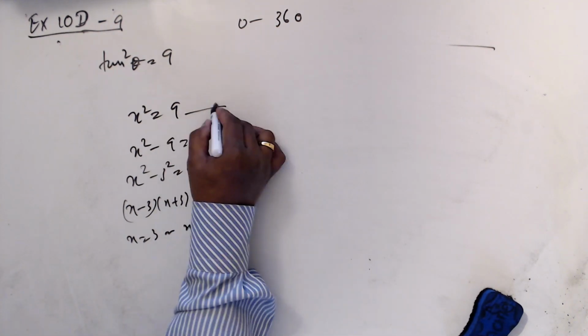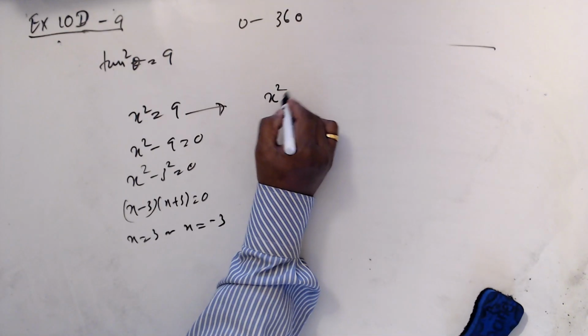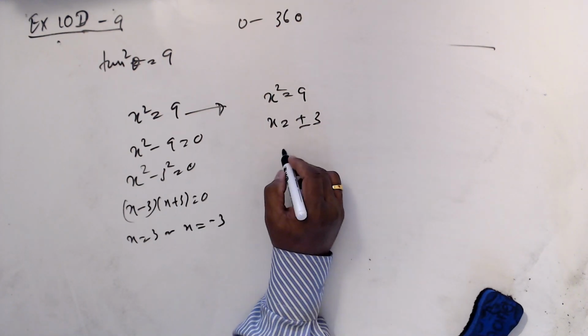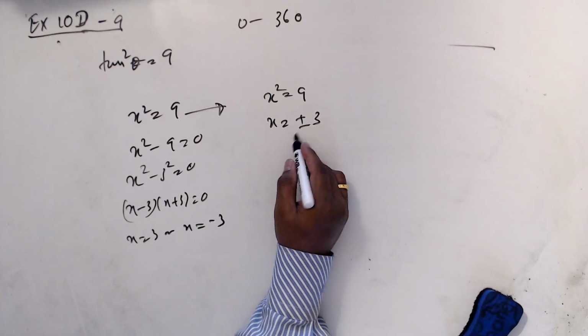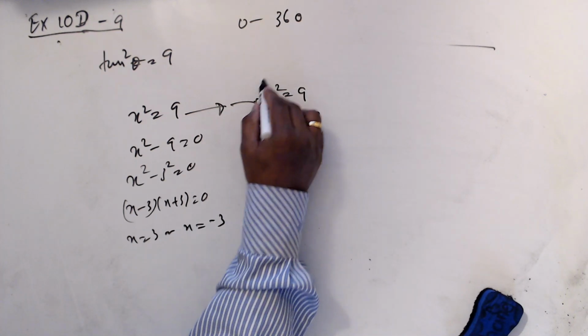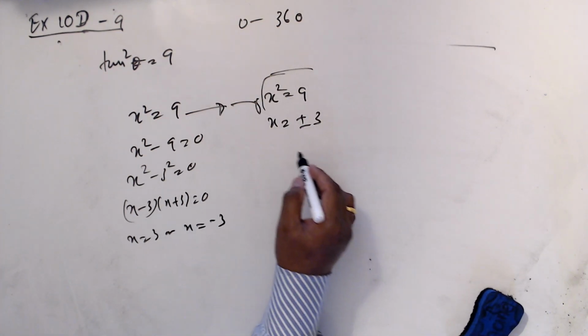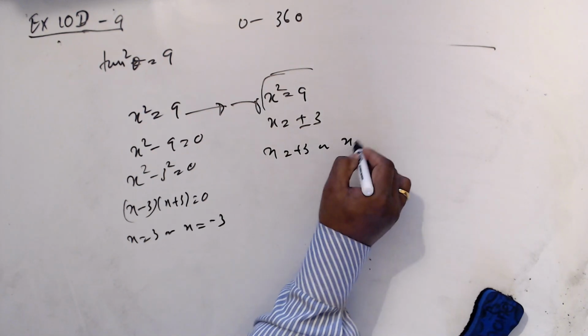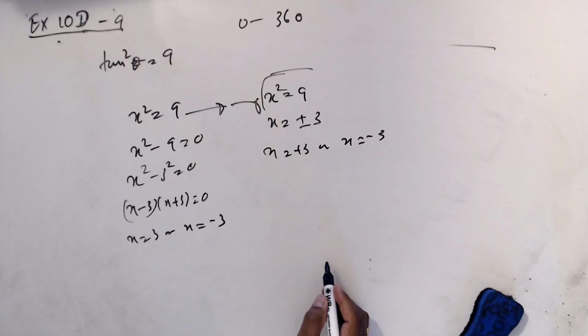Another way we can go: x squared equals 9, x equals plus or minus 3. So this is a very short part. We take the square root of both sides. So x equals plus 3 or x equals minus 3.